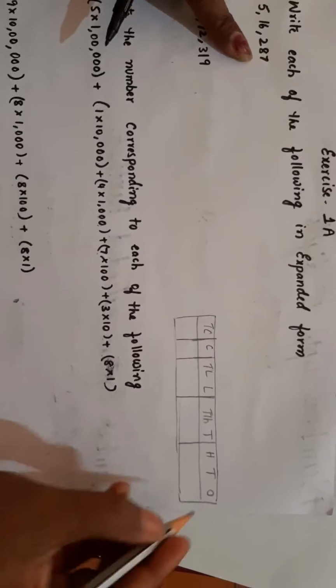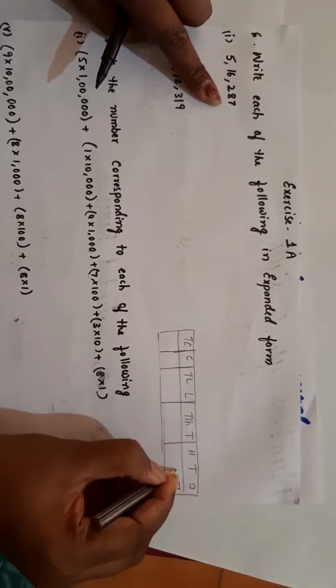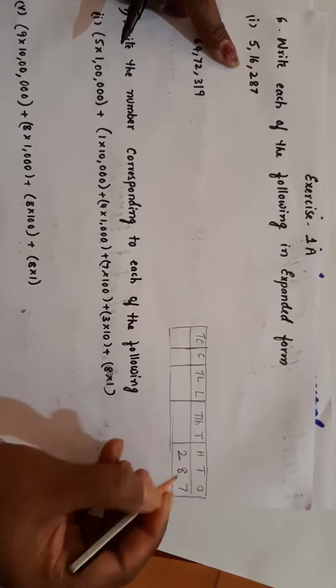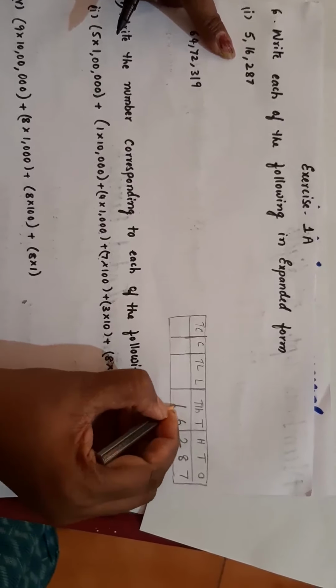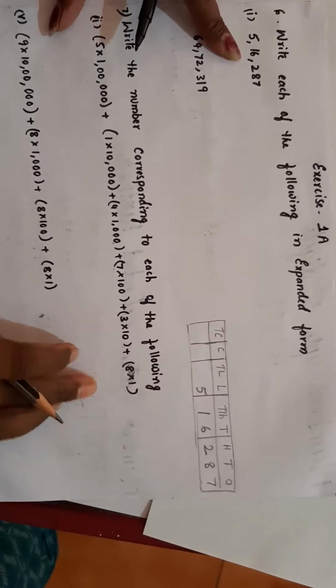5,16,287. So now I am writing 7, 8, 2, 6, 1, 5.